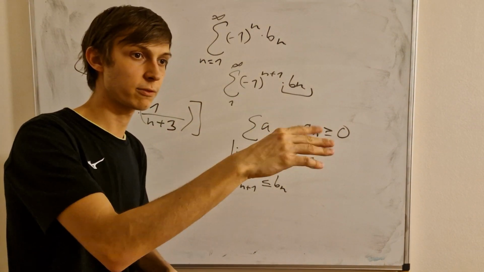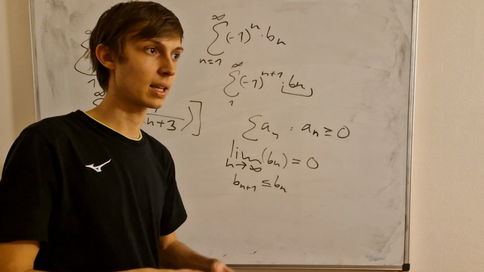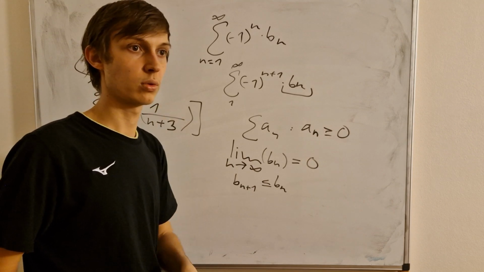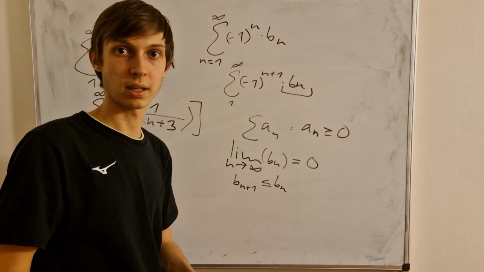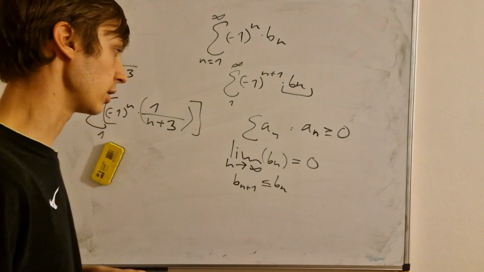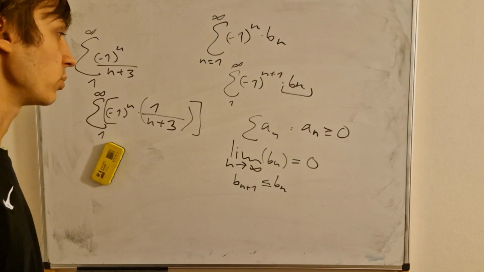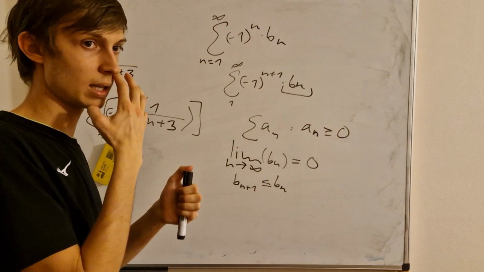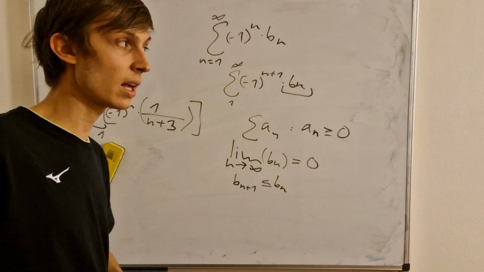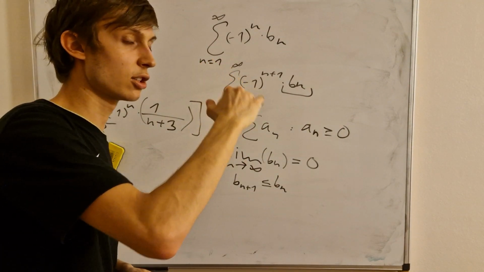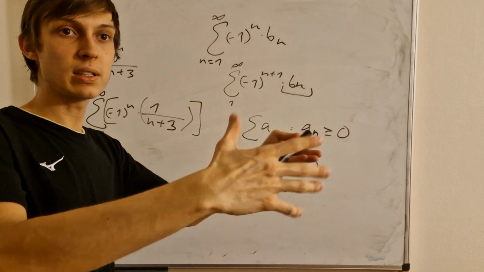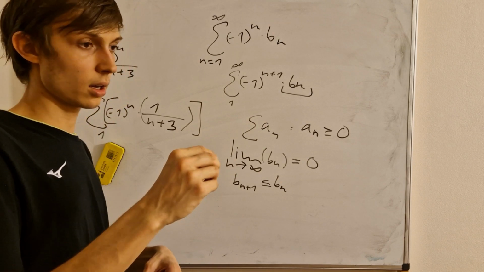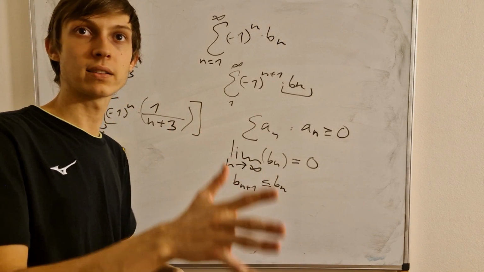That means for some finite number of terms it can slightly increase, but then eventually it has to get into a direction of decreasing, because otherwise it would not work. So we need a decreasing, or at least eventually decreasing, sequence behind it, and we need the general term, as n approaches as high a number as you can imagine, to be 0. Then that tells us there is convergence.